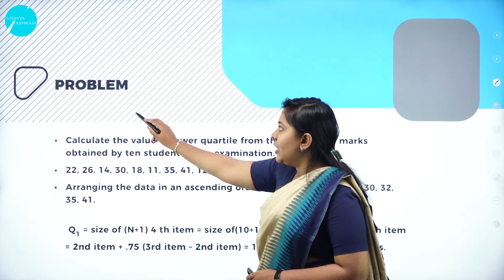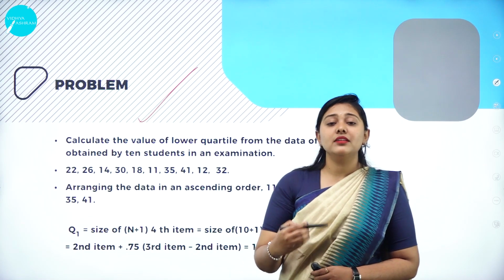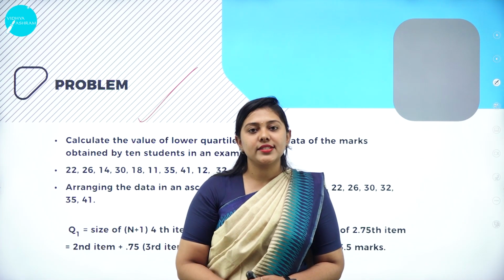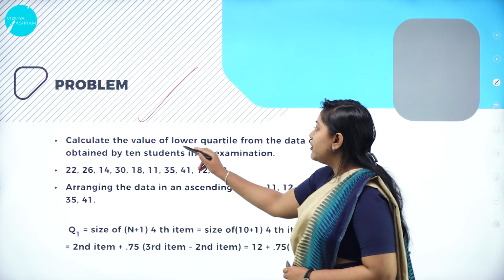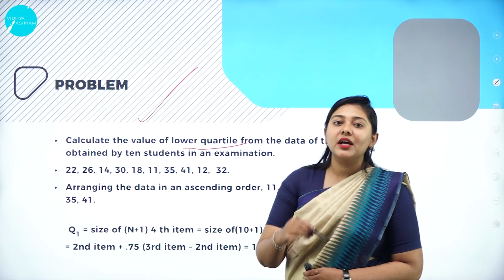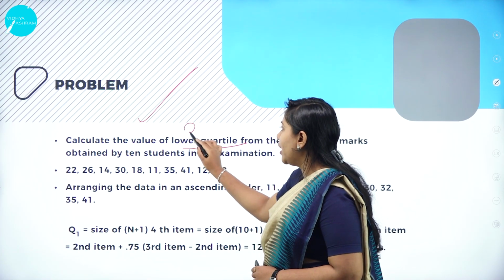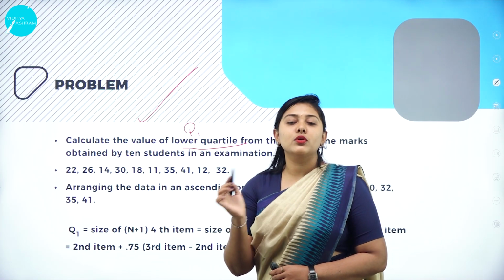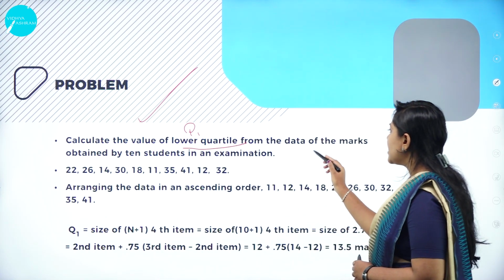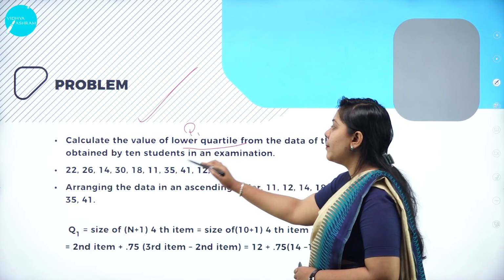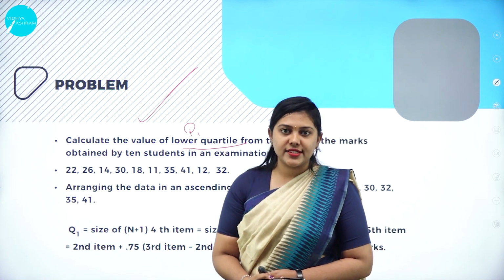Moving forward, let us take up one problem and discuss how the quartile calculations can be done. Calculate the value of the lower quartile. What do we mean by lower quartile? It is nothing but your Q1. You have to compute Q1 from the data of the marks obtained by 10 students in an examination.